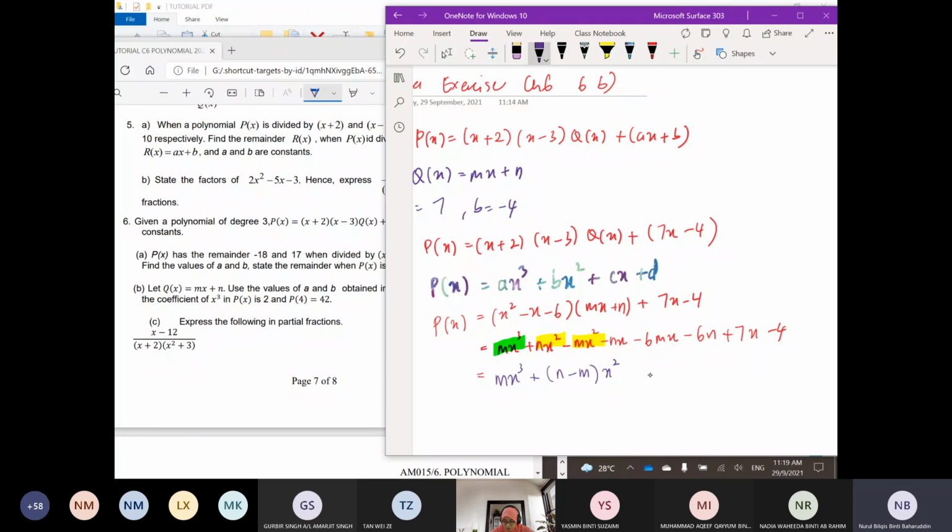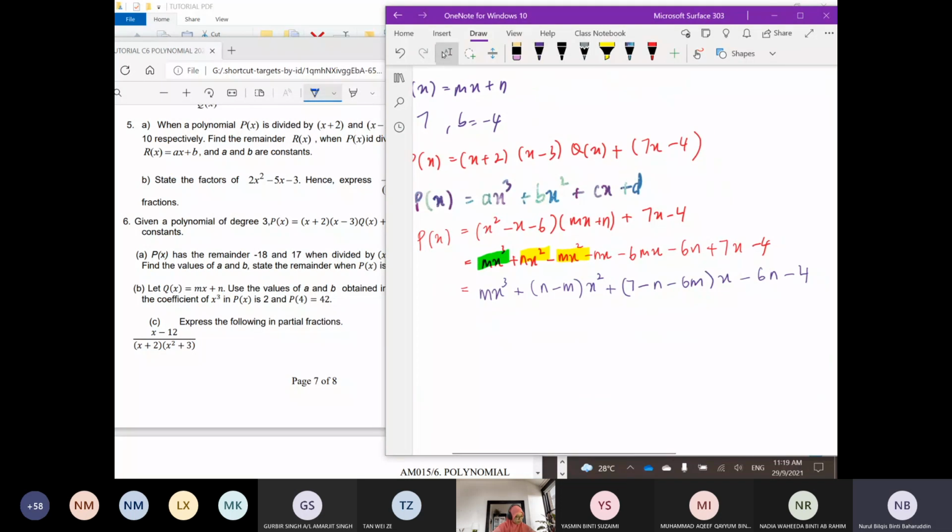Your x will be negative n, negative 6m, and also 7. So 7 minus n minus 6m x. And then minus 6n minus 4.